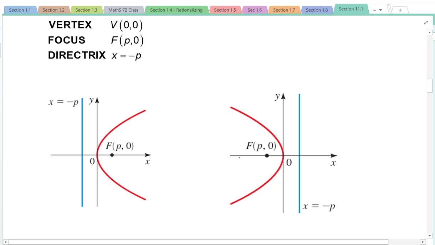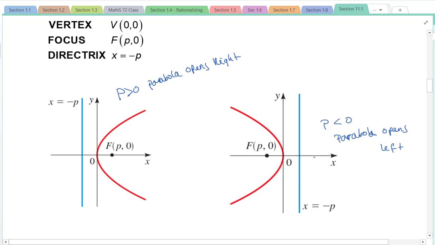So we have these two. Same thing here: when p is greater than 0, the parabola opens to the right. And when p is less than 0, the parabola opens to the left.